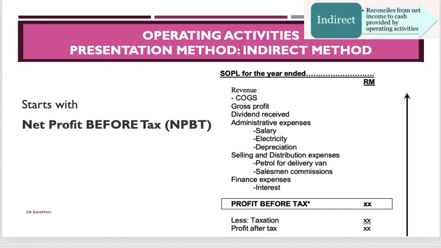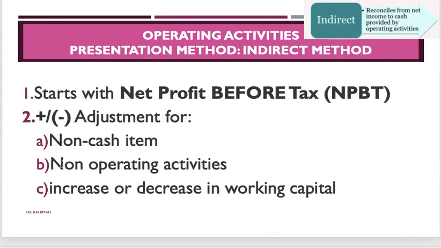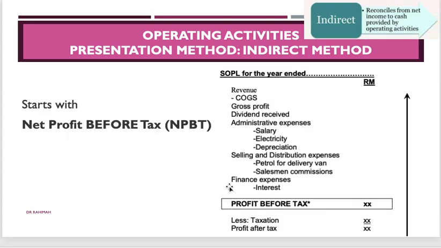Okay, the first thing that you have to adjust under the indirect method is the non-cash item. So the non-cash item is inside the administrative here, and also maybe in the selling when you have a depreciation on motor vehicle, and you may also have amortization on intangible asset. You may have loss on fair value of biological asset, loss on fair value of investment property. Okay, so those are expenses.